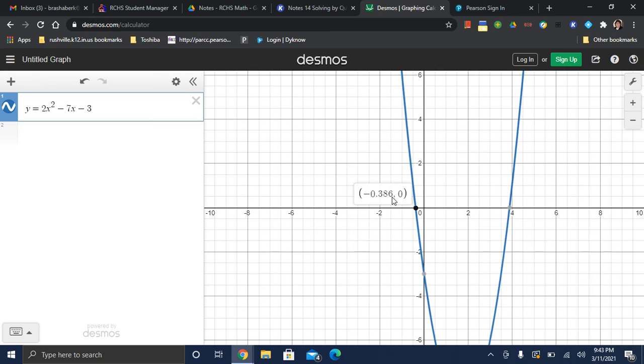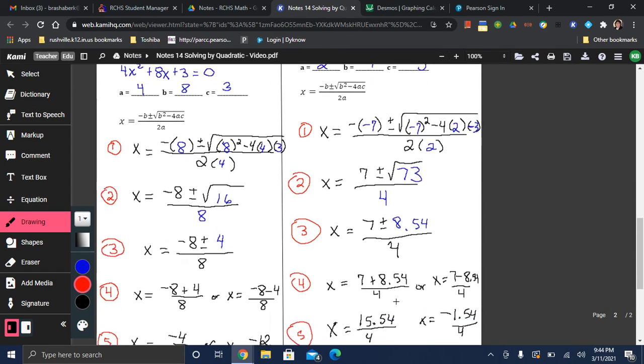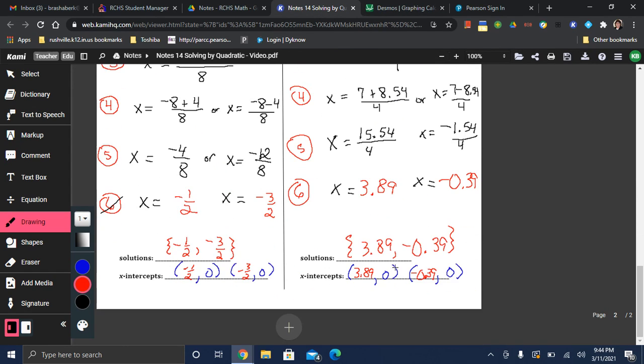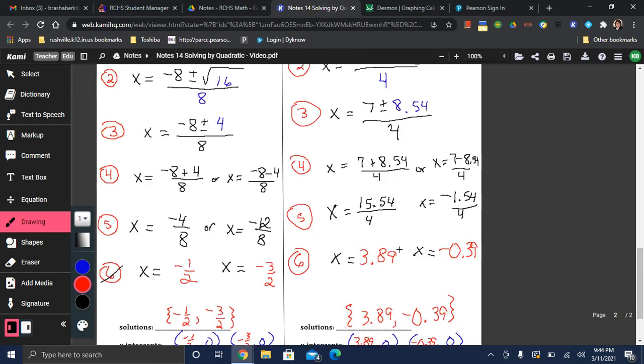And so the 6 would round the 8 up. There's your negative 0.39. And here's your other one, 3.8. And this would round up to 9. So 3.89. So we get those x-intercepts, which are approximations of the solutions.